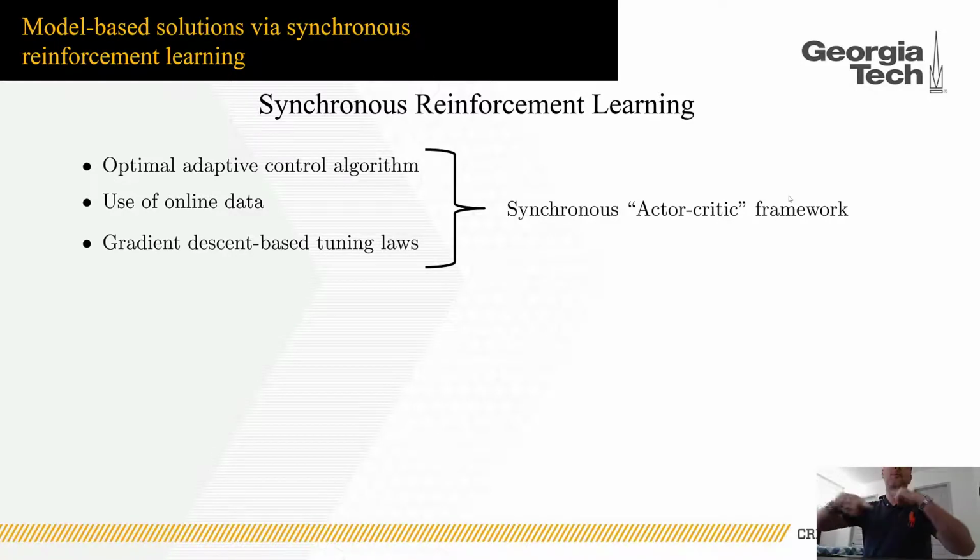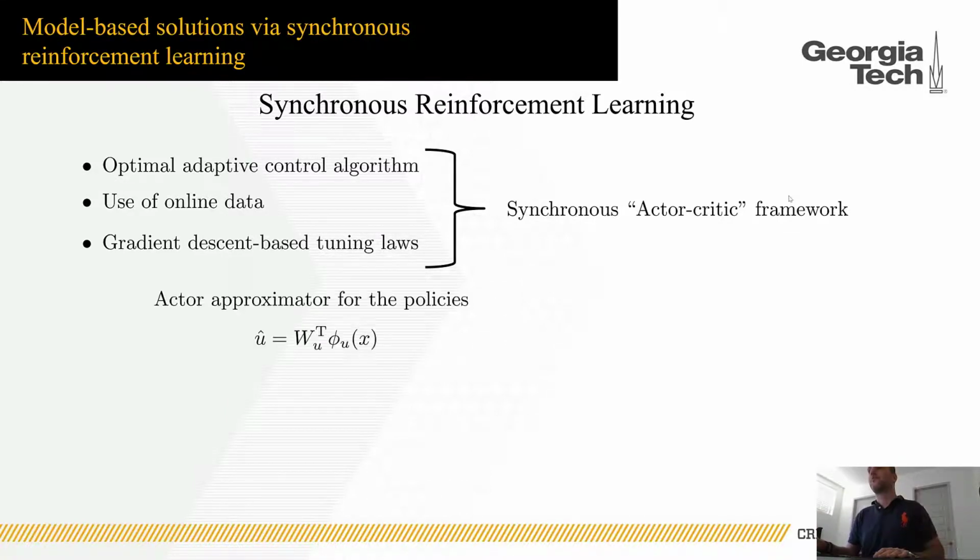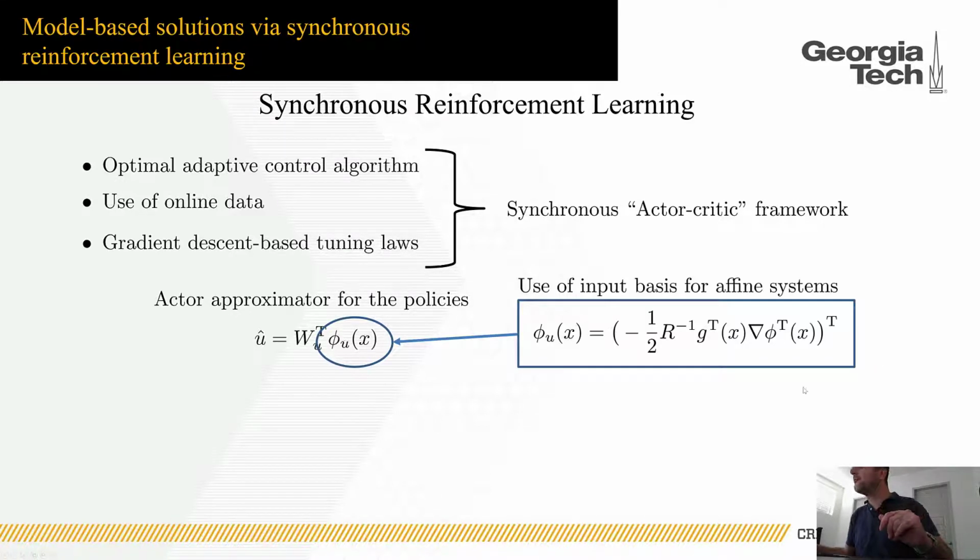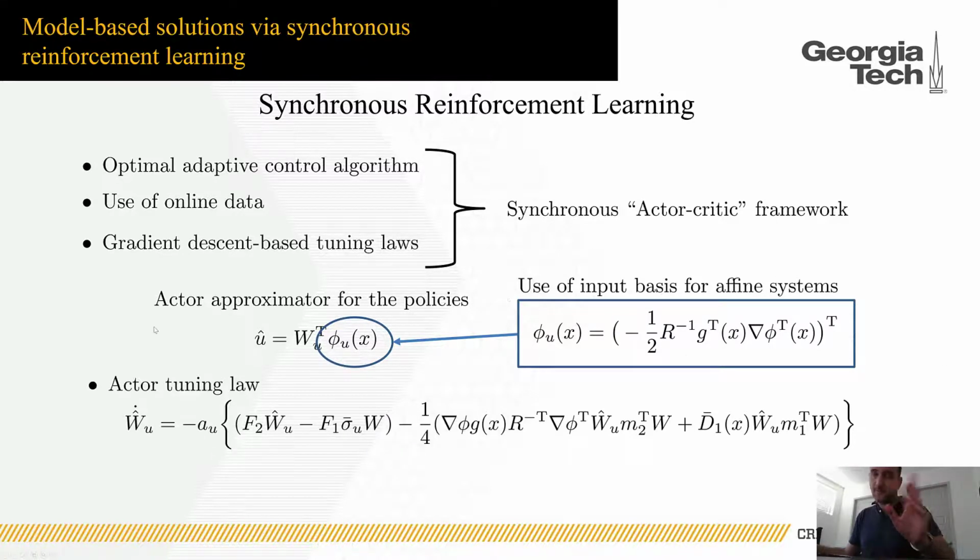The tuning laws for these two are updated based on gradient descent. An actor approximator has this form, where WU's are weights and phi U are bases. And then the critic, as you saw before, is the approximation of the value, okay?